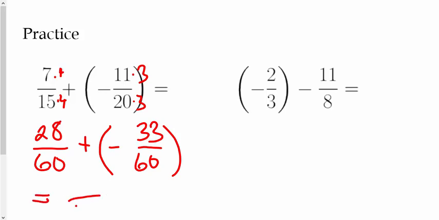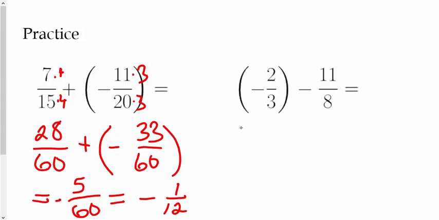I know my denominator is going to be 60. 28 plus negative 33, that's negative 5/60ths. But I can reduce that fraction. 5 goes into 60 12 times, so negative 5/60ths is equivalent to negative 1/12.